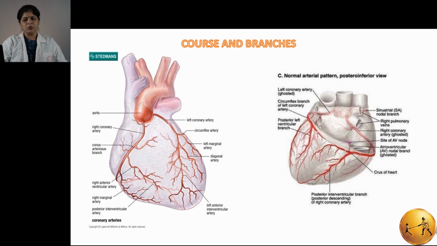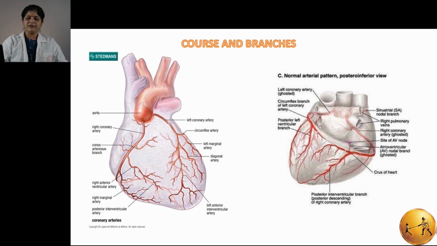In this groove the right coronary artery passes, and on its way it gives the conal branch, atrial branch, nodal branch, then right ventricular branches, and at the right border of the heart it gives the right marginal artery.